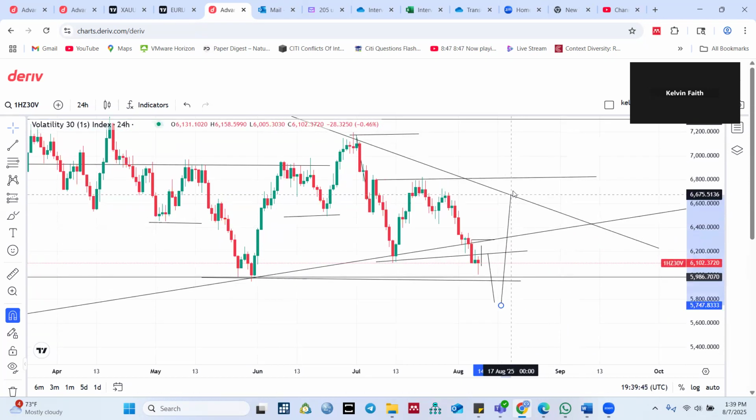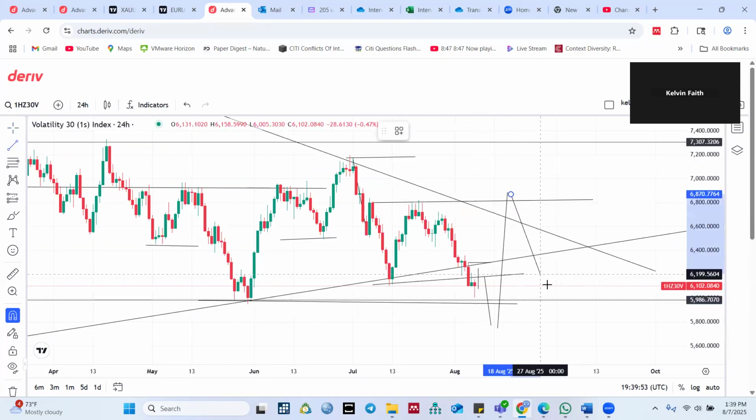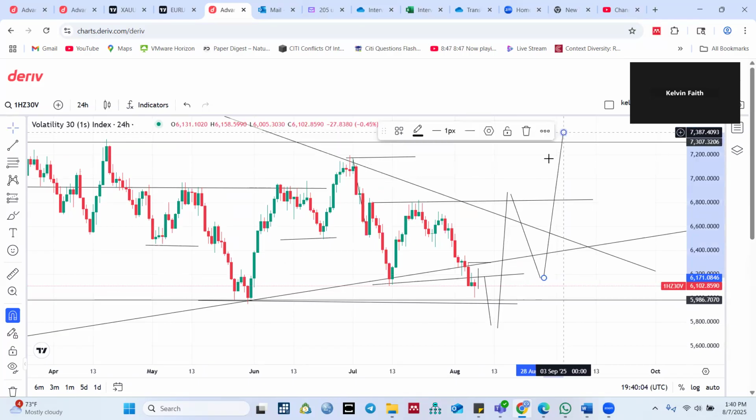Let's say it comes up and hits somewhere here. So on a discount area that price will drop to, that should be our confirmation to go big. This time it's going to be very big because we swept all the liquidity.